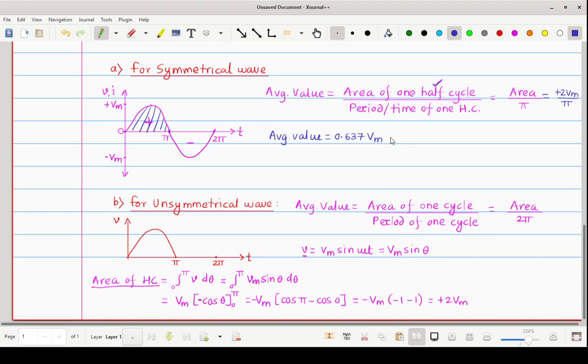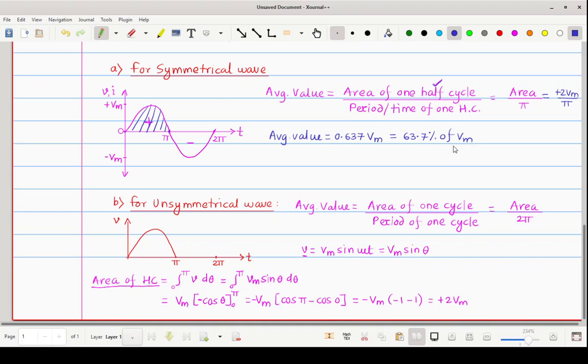In percentage, it is 63.7% of Vm. So basically it is 63 or roughly 64% of the peak value. Vm is the maximum value or peak value. If you know the peak value, calculate 63.7% of it and you will get the average value for a symmetrical waveform.